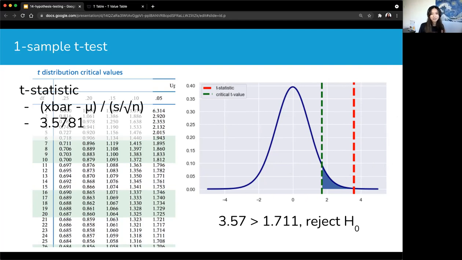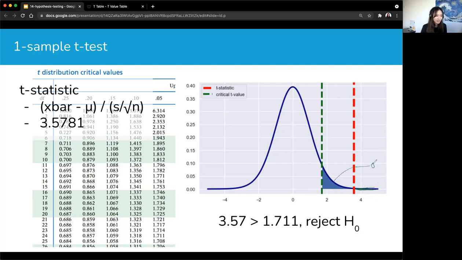Alternatively, because we talked about p-value earlier, we can also calculate the p-value associated with this t-statistic. The p-value would actually be the area under the curve to the right here, which as you can see is going to be very, very small and less than 0.05.